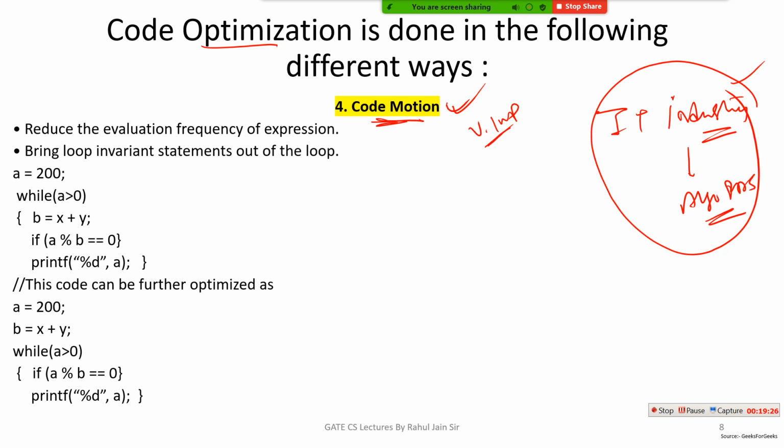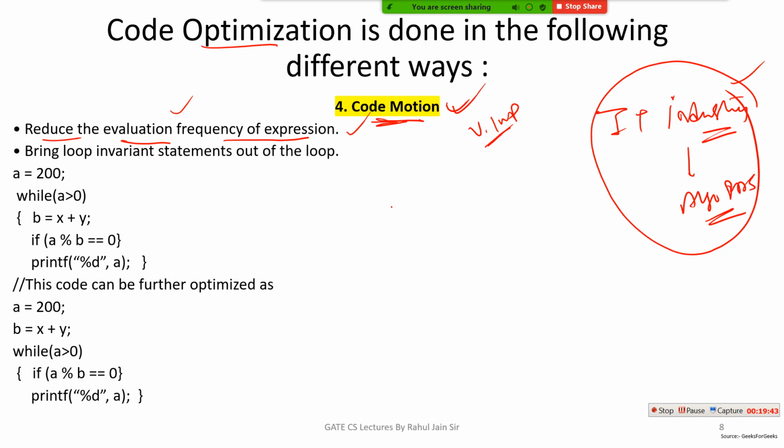Code motion, by definition, reduces the evaluation frequency of an expression. How? Focus here.